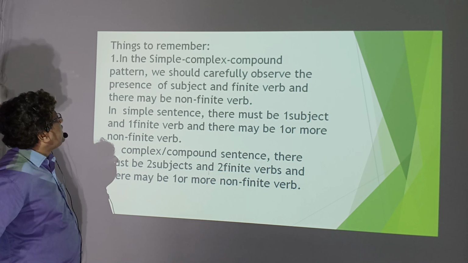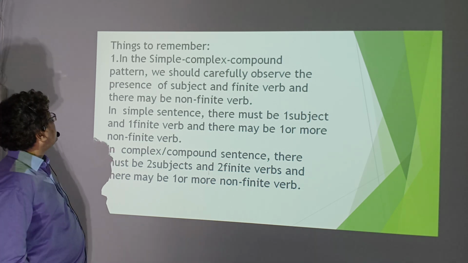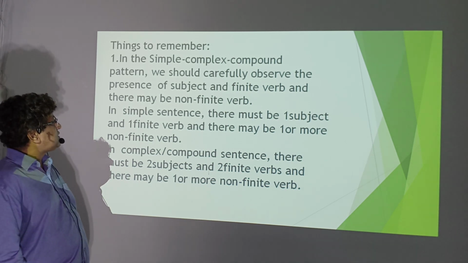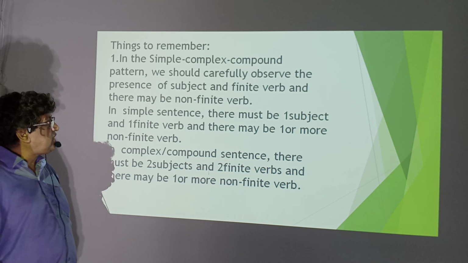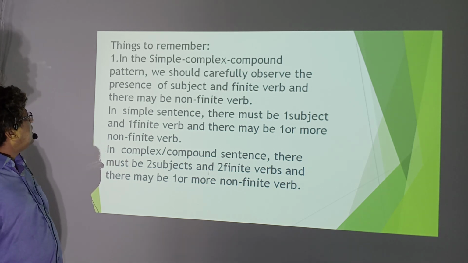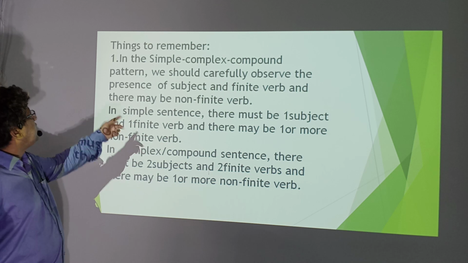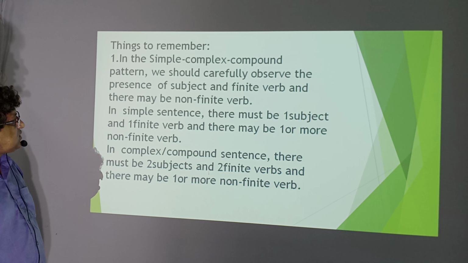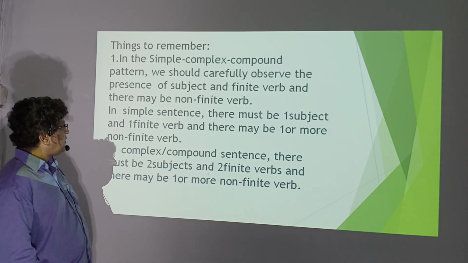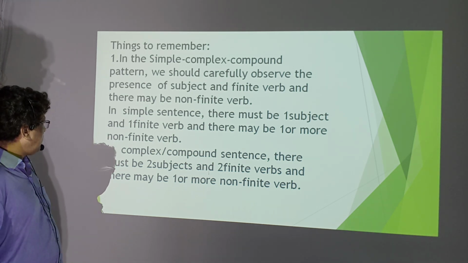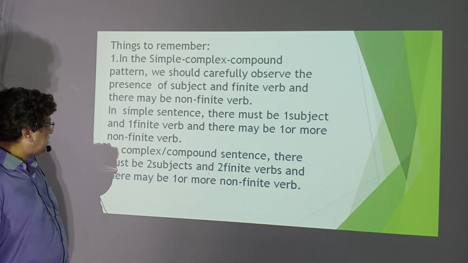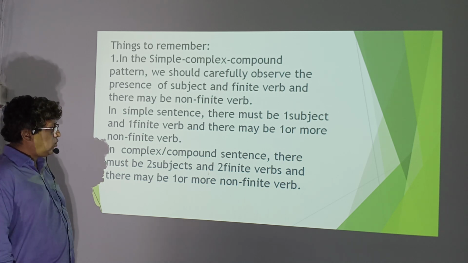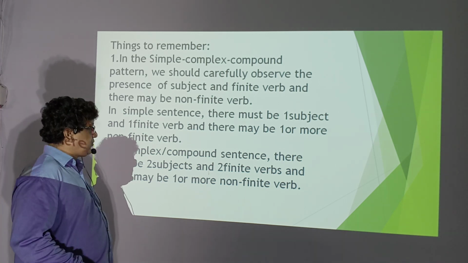Now what we need to remember first: in simple, complex and compound patterns, we should carefully observe the presence of subject and finite verb, and there may be non-finite verbs in the pattern. In a simple sentence, there must be one subject and one finite verb, and there may be one or more non-finite verbs. In a complex or compound sentence, there must be two subjects and two finite verbs, and there may be one or more non-finite verbs.